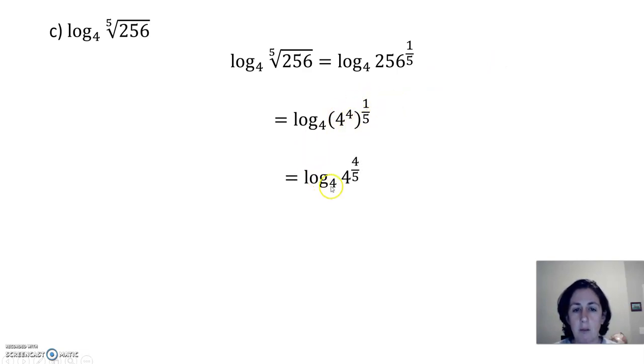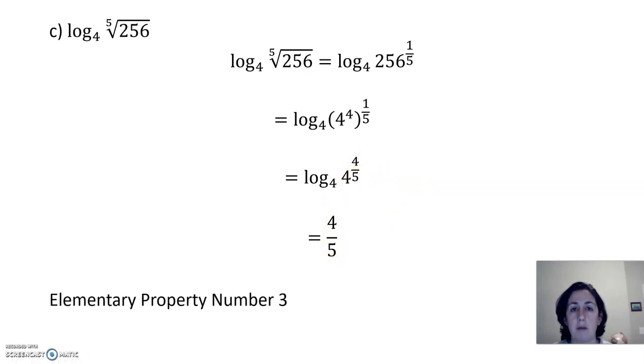And now we have log base 4 of 4 to the 4/5. The base of the exponential and the base of the logarithm match, they cancel by elementary property number 3. And we get that the answer is 4/5. The other thing you can do here is ask, 4 raised to what power is 4 to the 4/5? Well, then that power must be 4/5. And that's where elementary property number 3 came from.